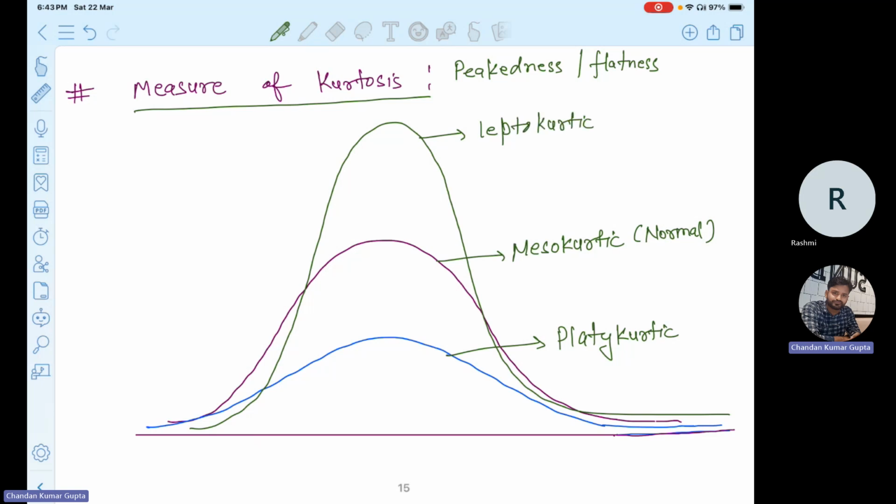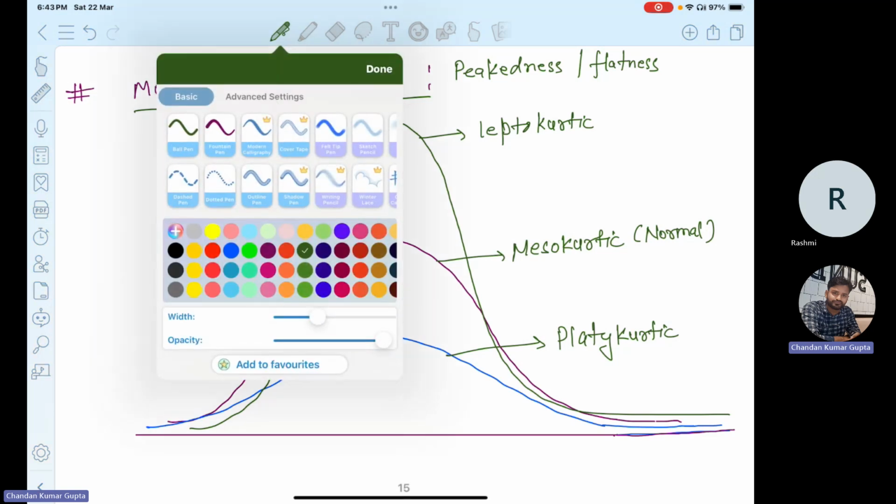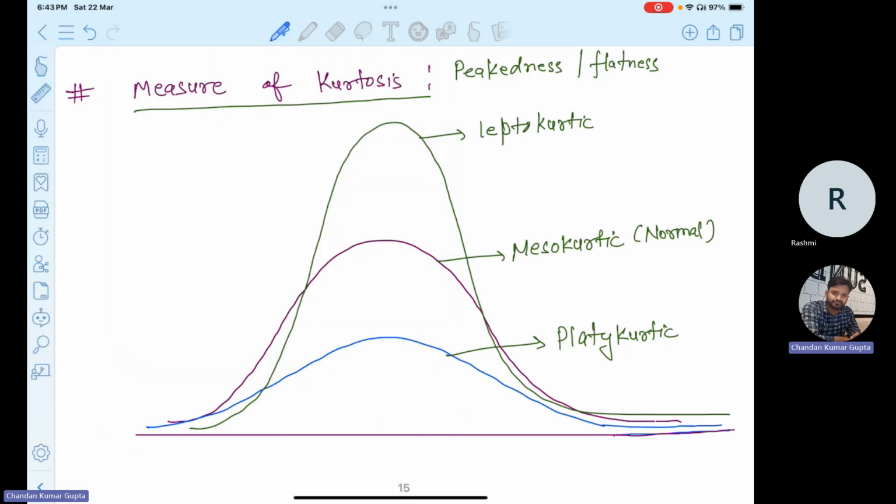Okay, so there are three kinds of data sets on the basis of peakedness or flatness. Either the data set may be platykurtic in nature, or mesokurtic, or leptokurtic. Again, we have the coefficient of kurtosis, which is beta 2, which is mu 4 upon mu 2 square.